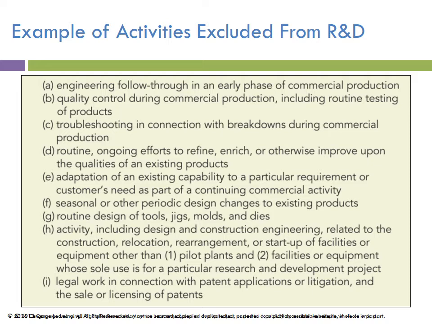That is not research and development. Seasonal or other periodic design changes to existing products. Routine design of tools, jigs, molds, and dies. So you're always doing it. You know, you're doing it every 3 months or something just to routinely look at these. That's the key. Is this something normal, part of the normal production process? And if it is, it's not research and development.